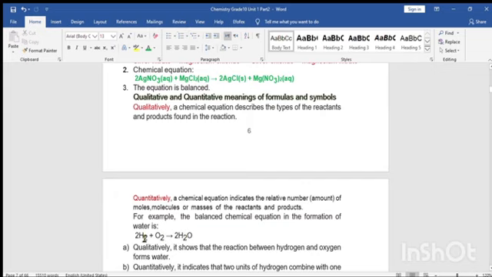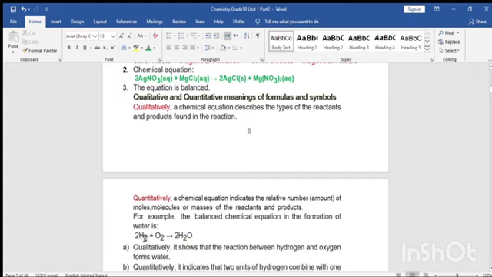Therefore 2 moles of hydrogen must combine with 1 mole of oxygen to form 2 moles of water. Qualitatively, we can determine the types of atoms, hydrogen and oxygen, and the molecule of compound formed is H2O: hydrogen gas, oxygen gas, and water.